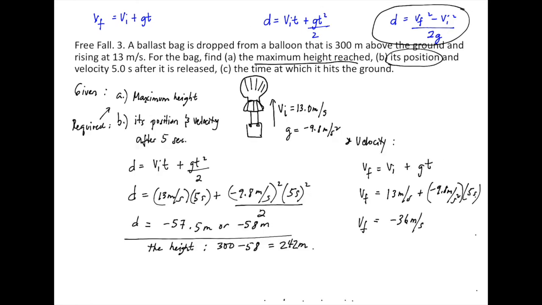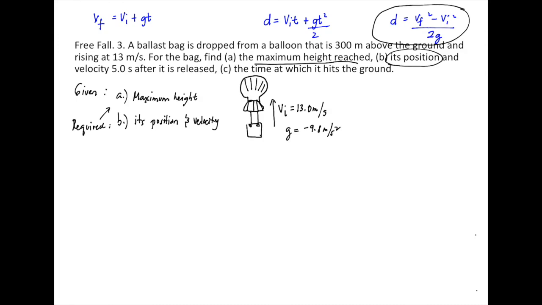So that is our final velocity for letter B, wherein we are asked for velocity 5 seconds after it is released. Now for letter C, we are asked for the time when it hits the ground. So take note that we have 300 meter.